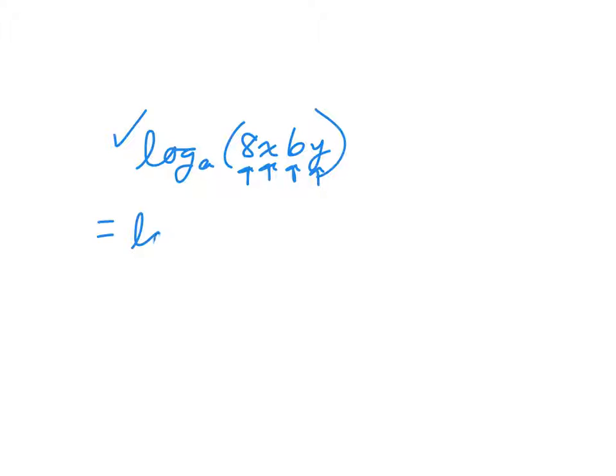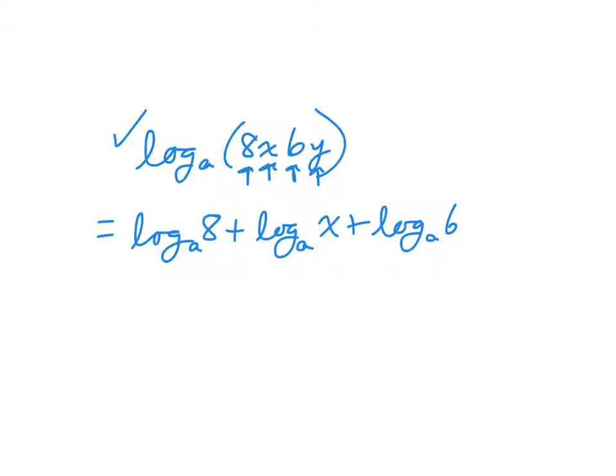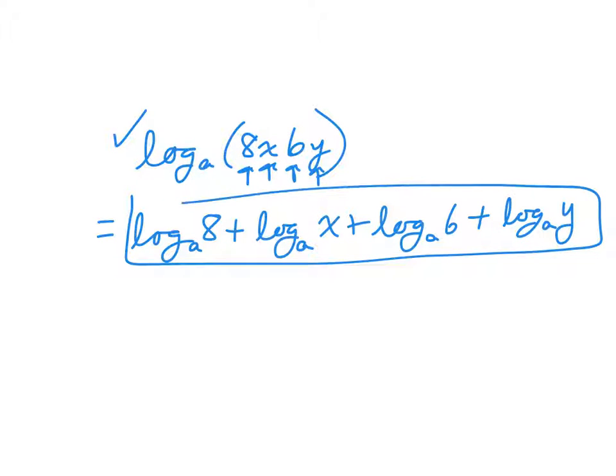So, if I interpreted it this way, what we really should have had is log of 8 base A plus the log of x base A plus the log of 6 base A plus the log of y, bless you, base A. A lot of you left the 8 with the x and the 6 with the y, and I think I circled it, and I might even put split or something like that on it. So if you interpreted the problem in this fashion, then that's the answer that I was looking for.